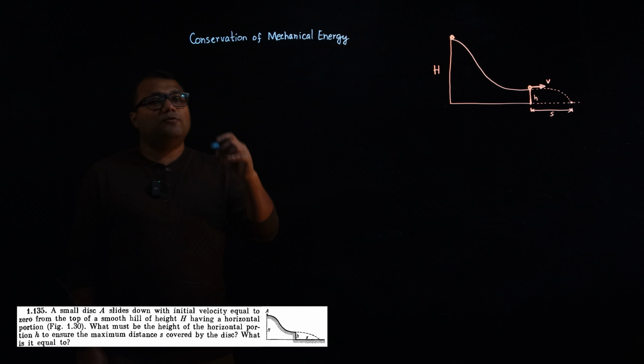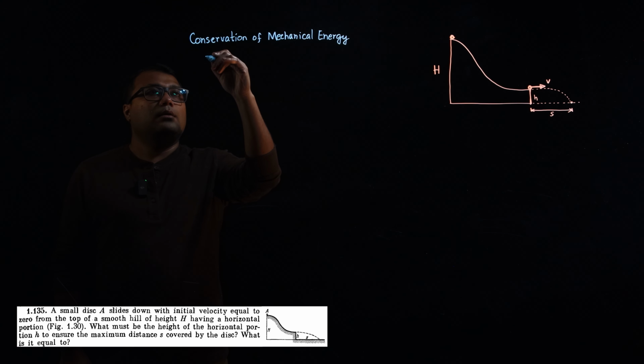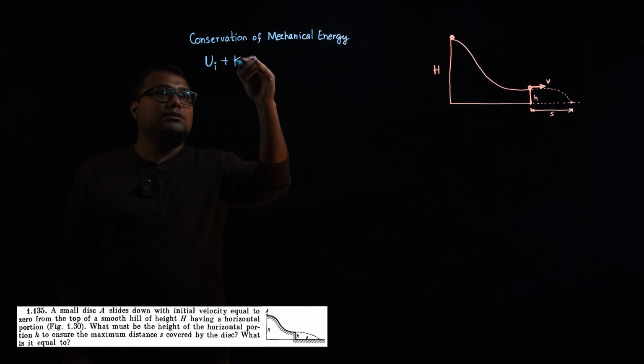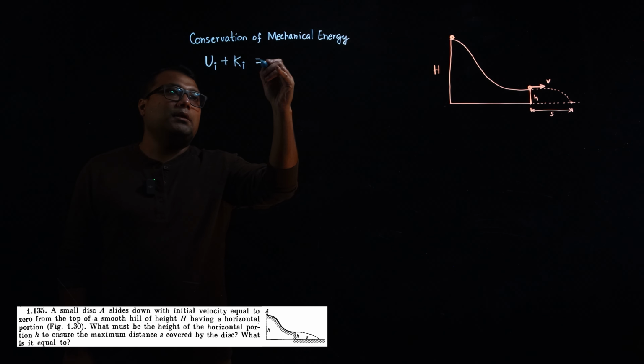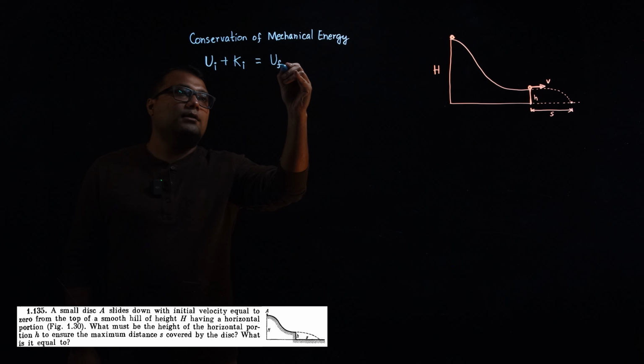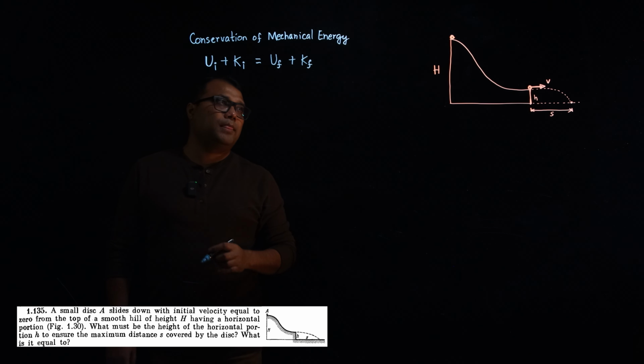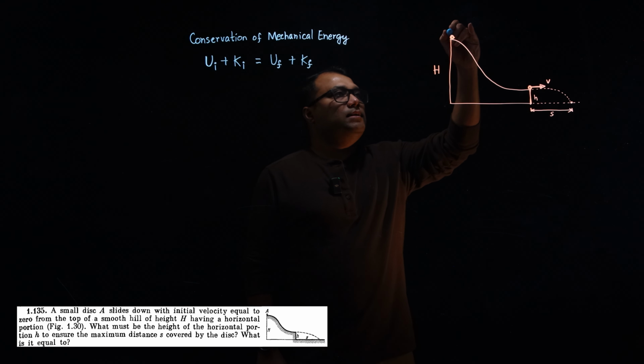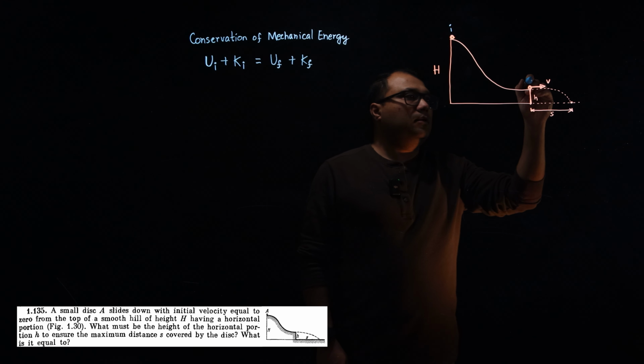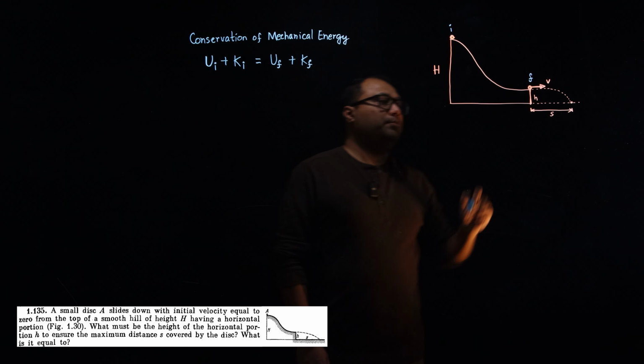So what is conservation of mechanical energy? Potential energy initial plus kinetic energy initial will be equal to potential energy final plus kinetic energy final. This is our initial point. Let's say this is our final point.